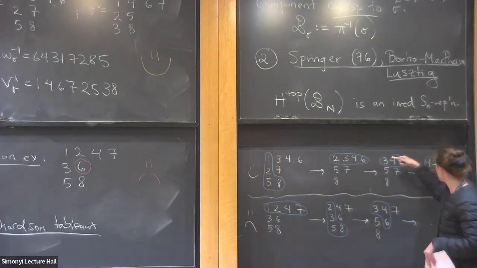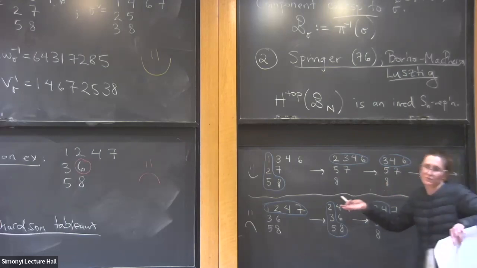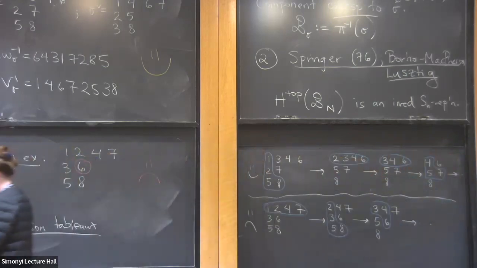This one was just across the first row, but down and then over. Whereas for this non-Richardson one that I gave you, eventually I have a slide where if I follow this trail, I actually have to go over and then down. Anytime you have a zigzag slide, you're not a Richardson tableau.